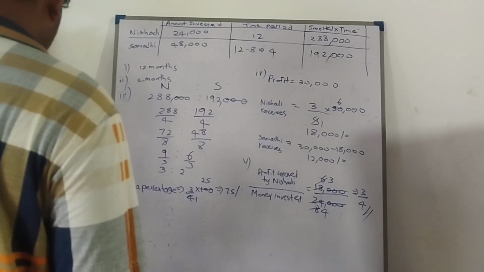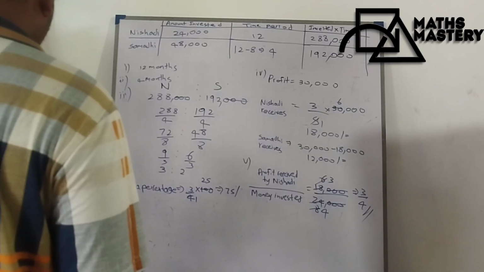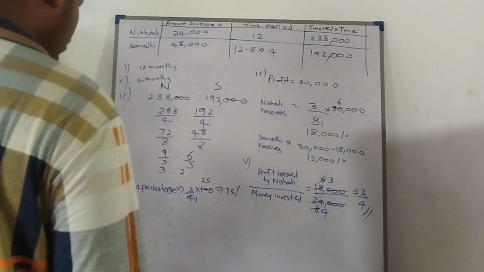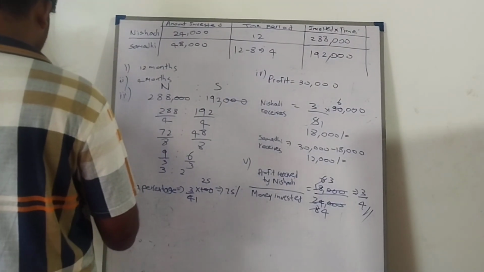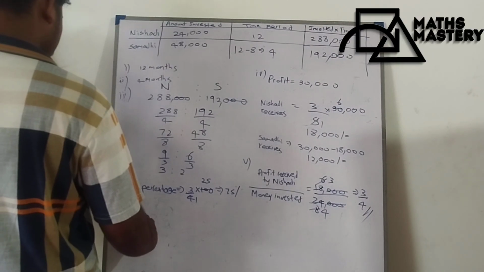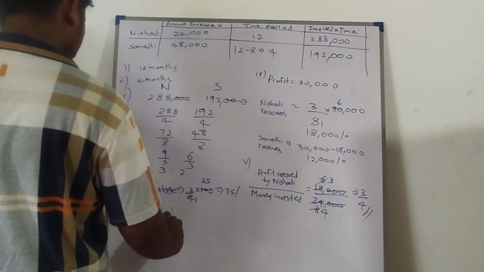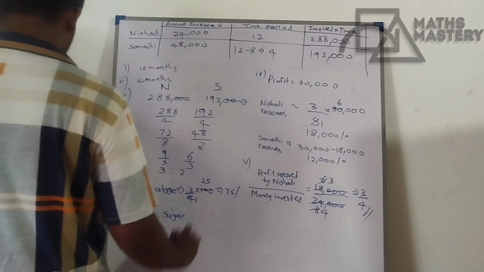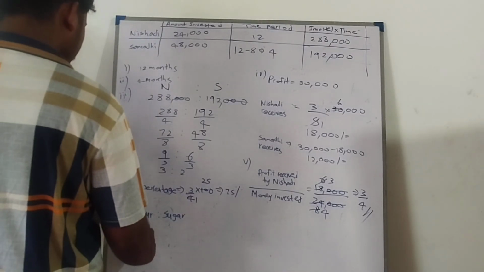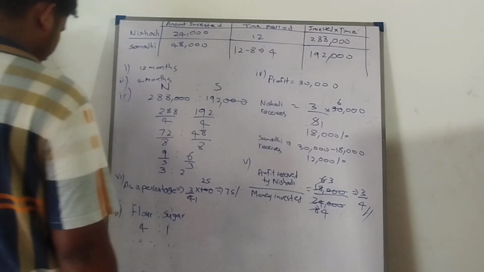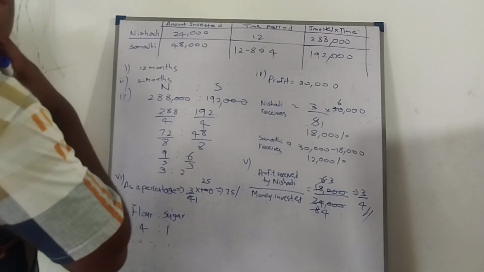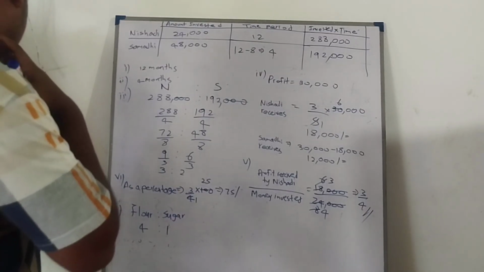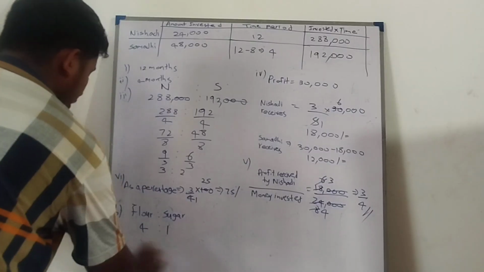Let's go to the next question. Question number B. A certain sweet is made by mixing flour and sugar in the ratio 4:1, while sugar and butter in the ratio 3:2.